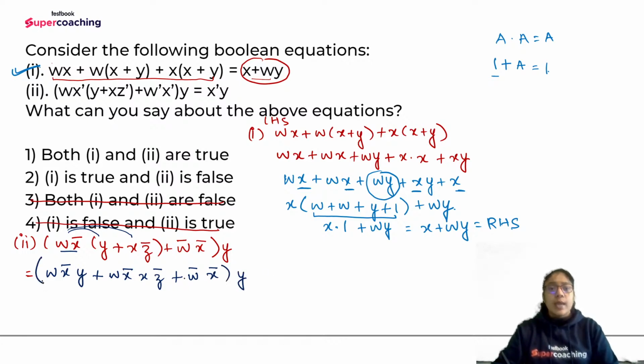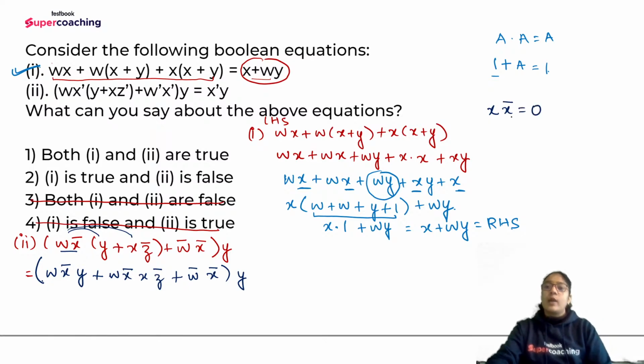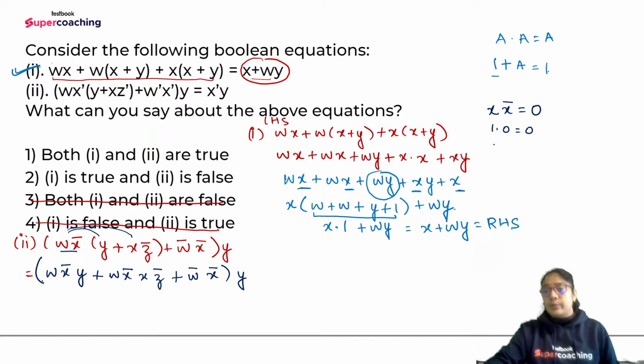Now we know that here we are getting x and x complement. This is always 0 because if the value of x is 1 then x complement will surely be 0. If even one term is 0, one statement is false, then the overall answer will be false. If the value of x is 0, then x complement will be 1. So this is again returning 0. So ultimately this is returning 0.